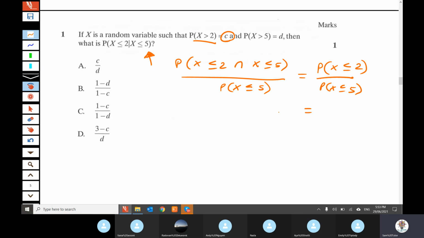Negative C. Not just negative C. Think, if I'm telling you this is C, keep saying that in your heads, then I'm asking you, what would this be then? Negative 1 on C. Not negative 1 on C.